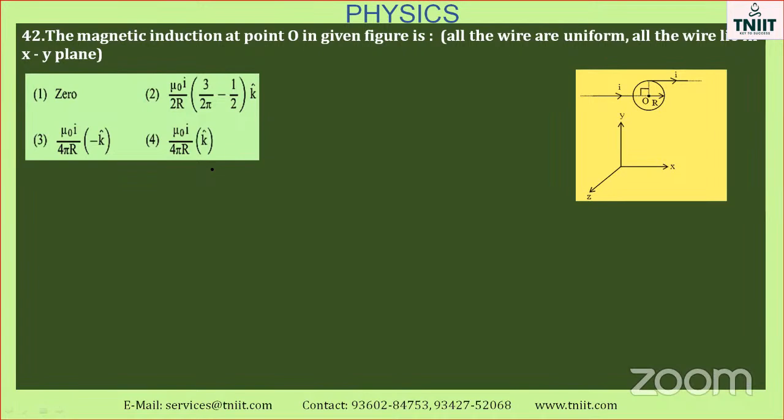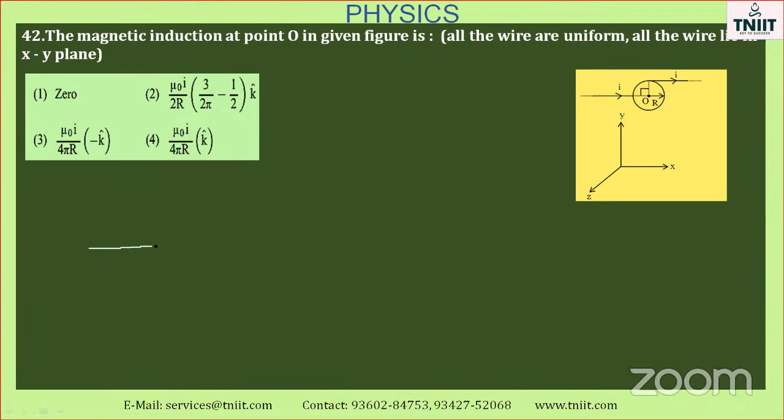The magnetic induction at the point O in the given figure. All the wires are uniform and lie in the XY plane. What is the magnetic field at the center O? Look at the diagram.